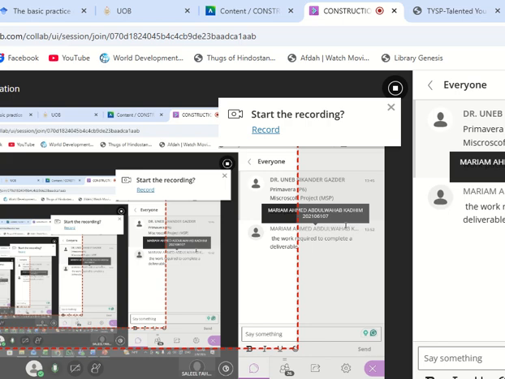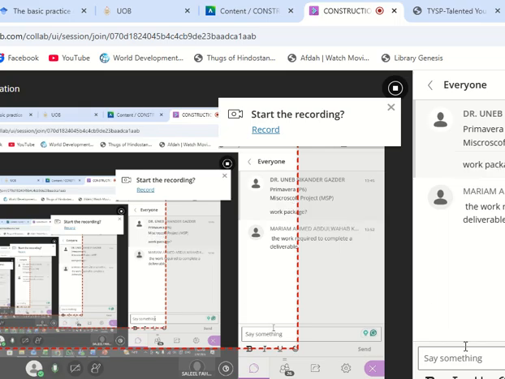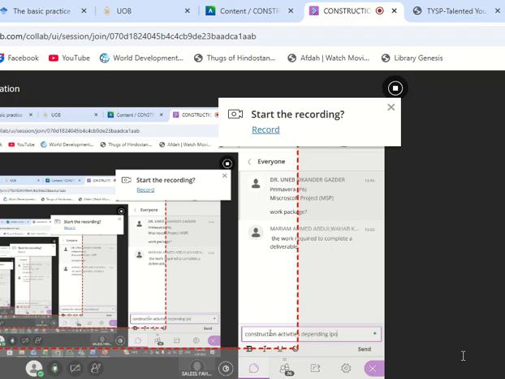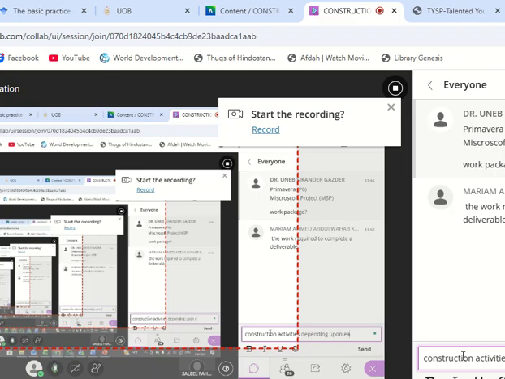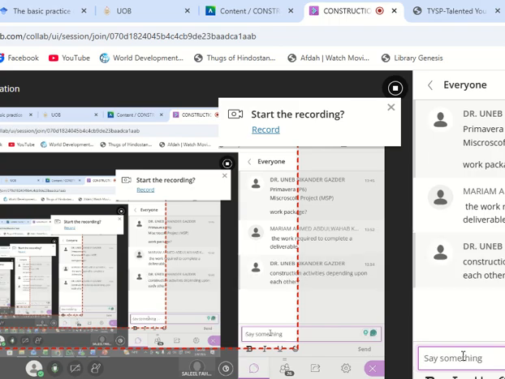Now, can somebody give me an example of construction activities which depend upon each other?